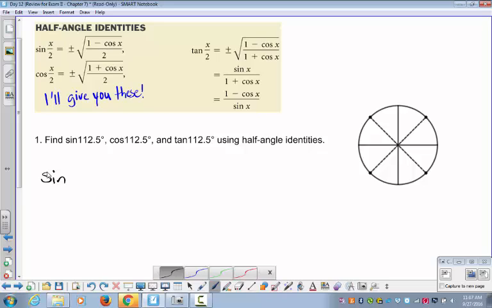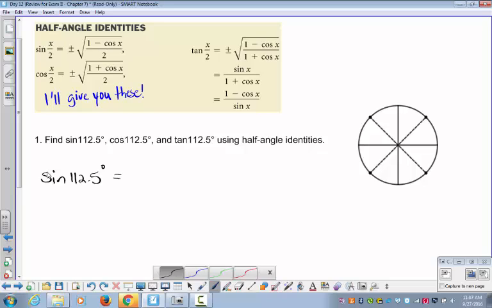So sine of 112.5. We can't use a double angle identity to get to that, because for a double angle identity to work, we would have to know the angle that's actually half of that. To use a half angle identity, we have to know the angle that's double it.